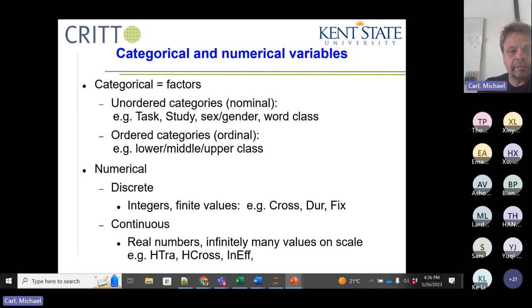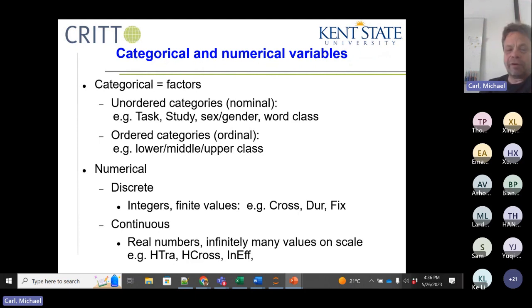but you don't really know how they fit onto a line, right? Then we have numerical variables, and there's a distinction between discrete variables, which would be integers. So we have numbers 1 to n or so. So the fixation duration, for instance, we measure this in milliseconds, not in nanoseconds, but even nanoseconds would be discrete. I mean, it looks like quite fluent, right? But in fact, it's discrete.